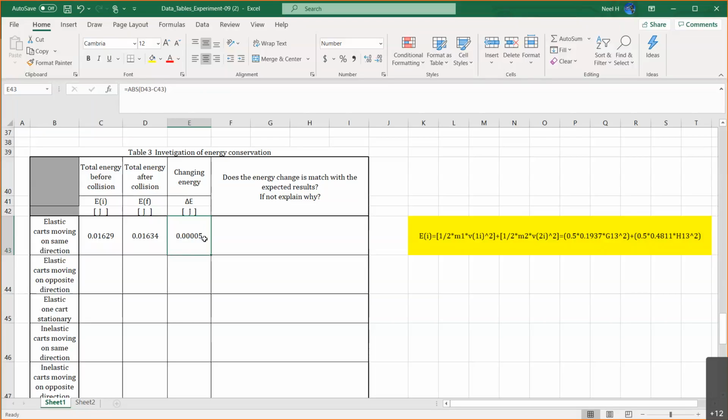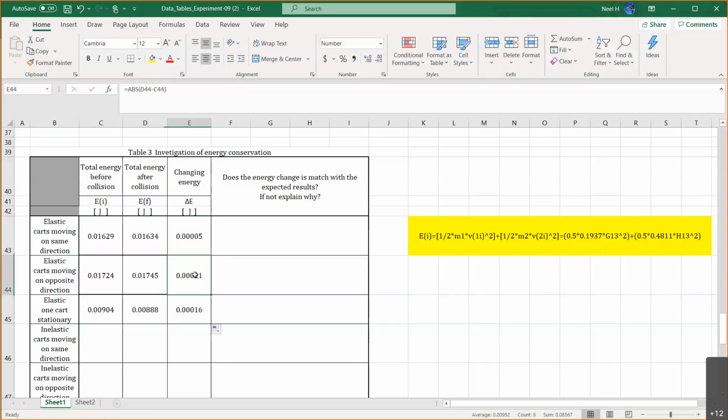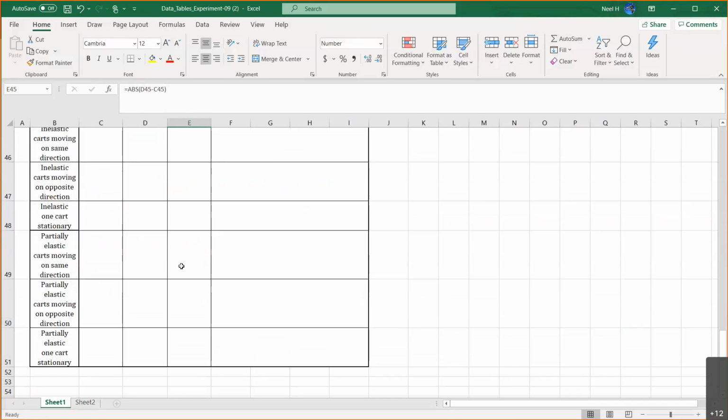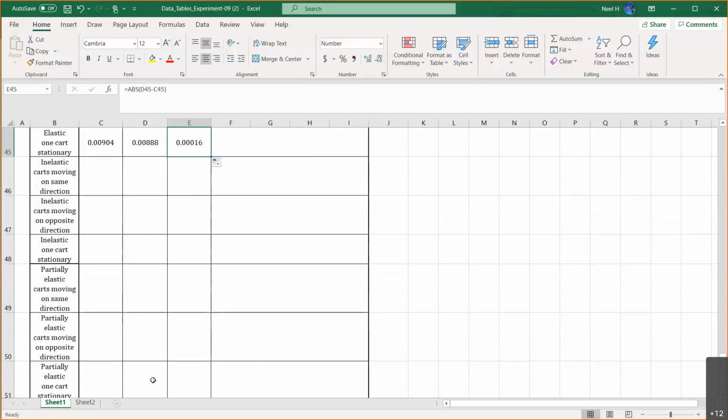Okay. Question. So in these 3 cases I should get energy conserved. We are good. It's still at the 4th decimal place level. You will see a very slight difference in the next 2 cases, but it's still extremely small. However, in these next 6 cases, energy is not conserved.